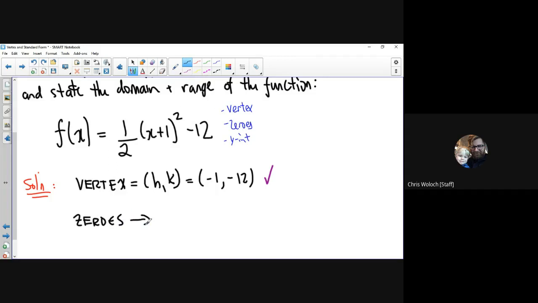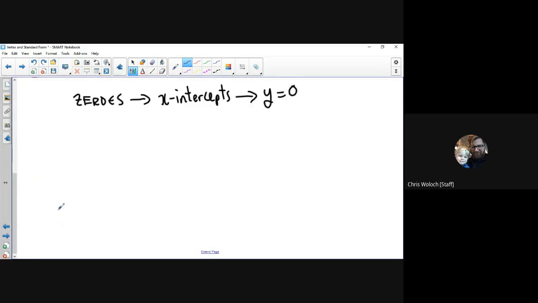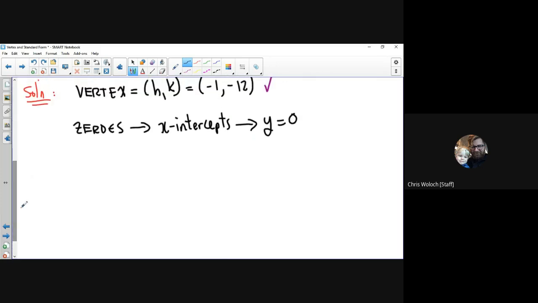Next, let's find the zeros. Remember, for the zeros, what does that mean? Well, the zeros are just the x-intercepts, and when we look for x-intercepts, the y value has to equal 0. So that means in my equation here, let me scroll this down.